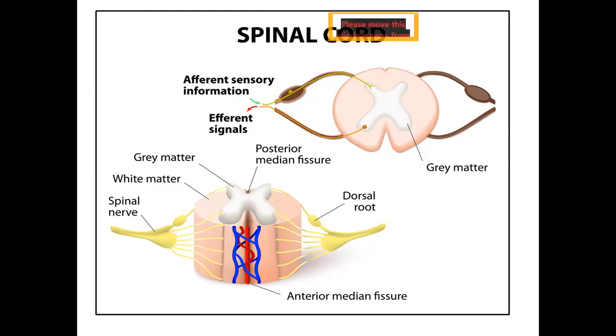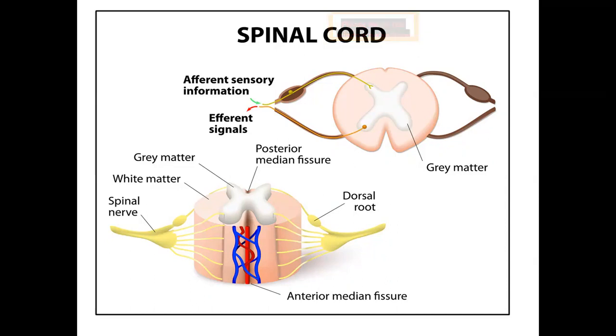So based on this, we can understand that brain and spinal cord is together known as the central nervous system. Now, why brain and spinal cord is together known as the central nervous system? Because both of them are receiving impulses from the outside environment or inside environment.